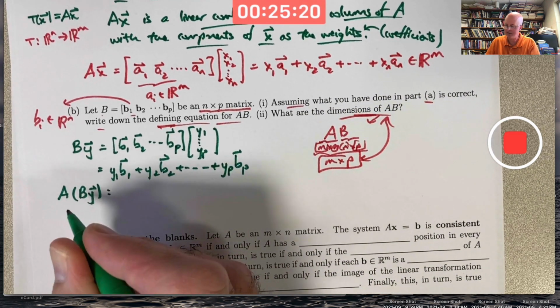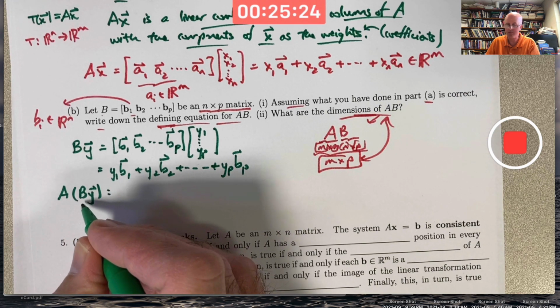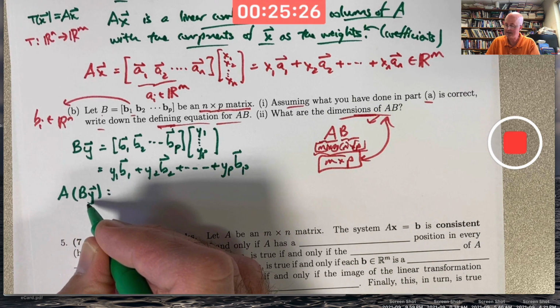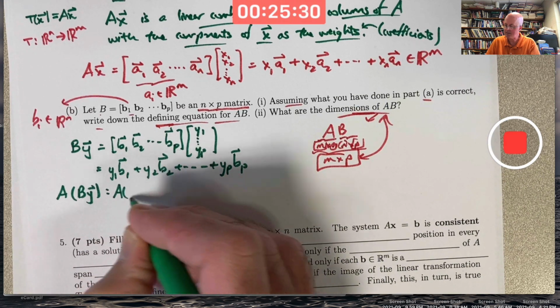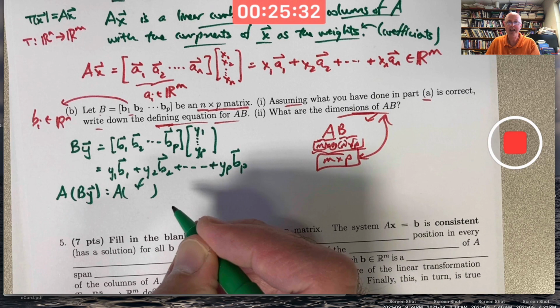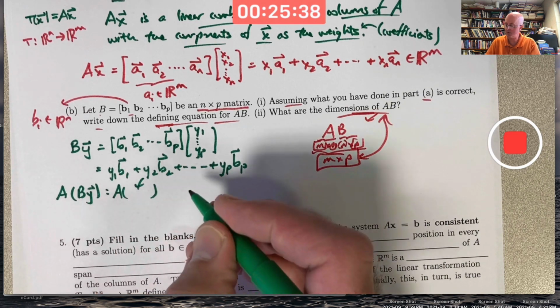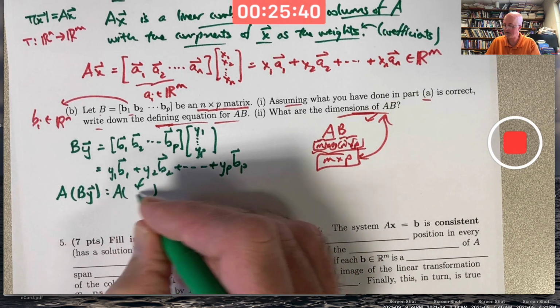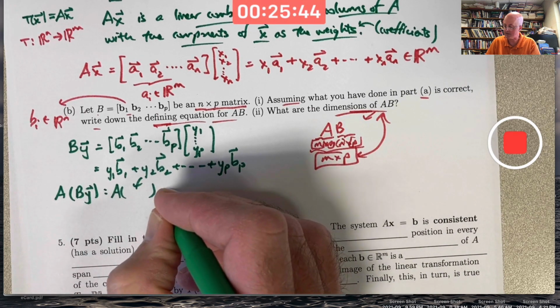Well, it would be a linear combination of the columns of A with the components of this vector as the weights. But let's also think of it in terms of A times all this stuff, and use the fact that linear transformations are operation preserving. Effectively, it's like the distributive property holds. I can multiply the A through each of these terms, add the results, and also factor out scalars.